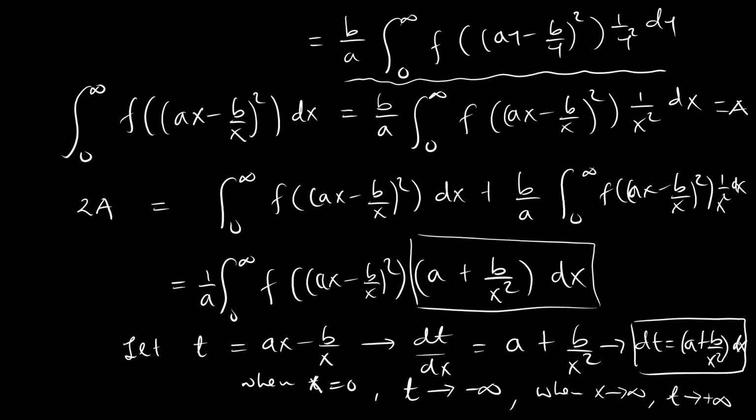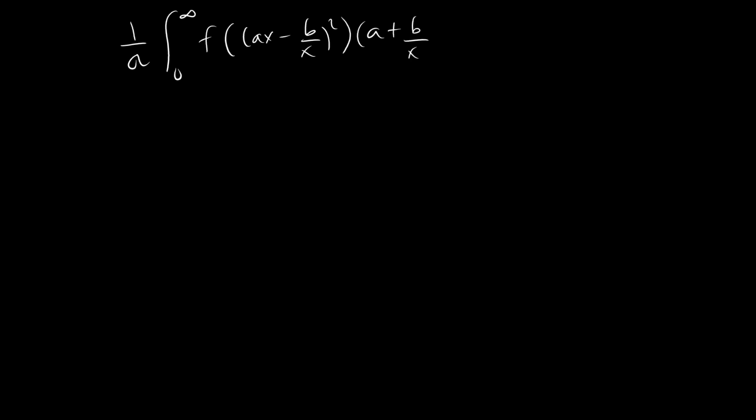That tells us our problem is equal to 1 over a times the integral from negative infinity to positive infinity of f of t squared dt.